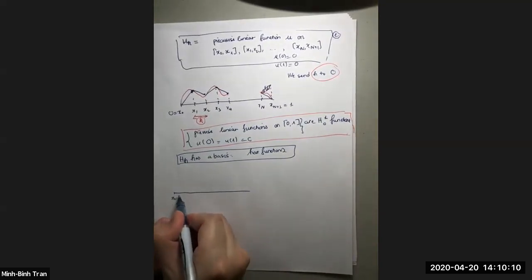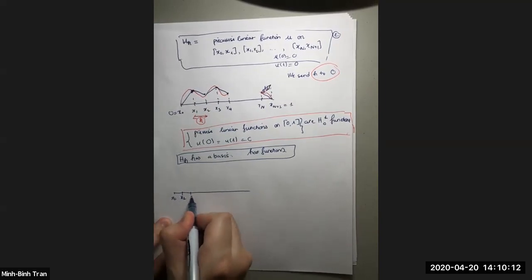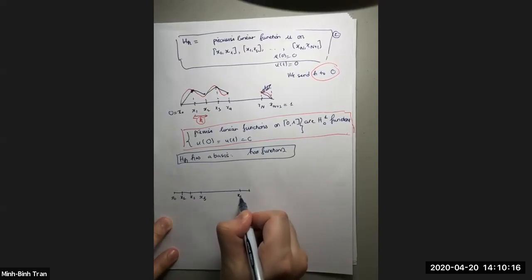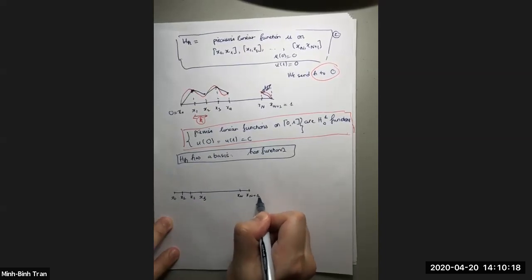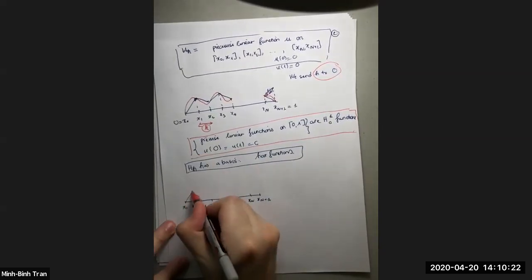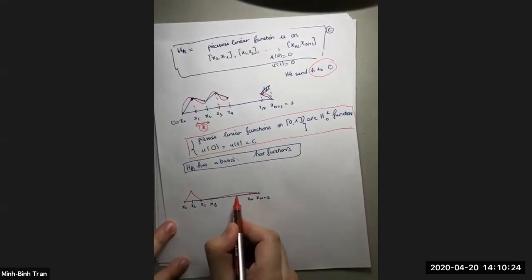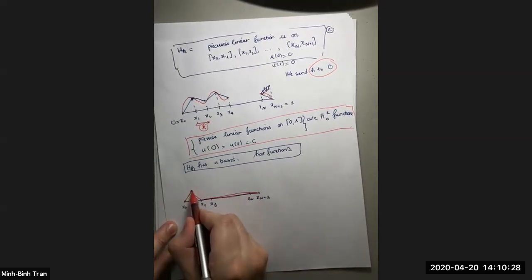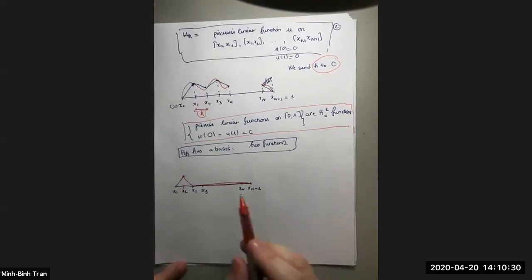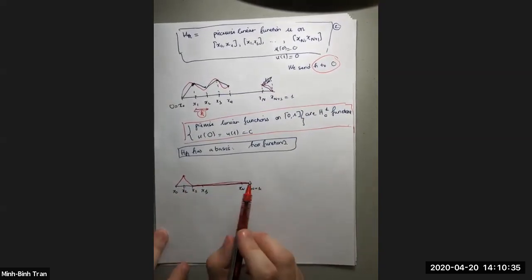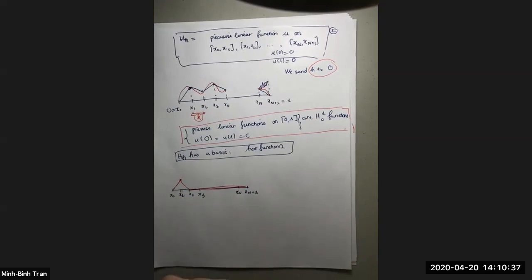You have x0, x1, x2, x3, up to x(n+1). The hat function will be a function which is like this: it's 1 at one of the points x1 to xn, and 0 at the other points, right? And this is also another hat function.